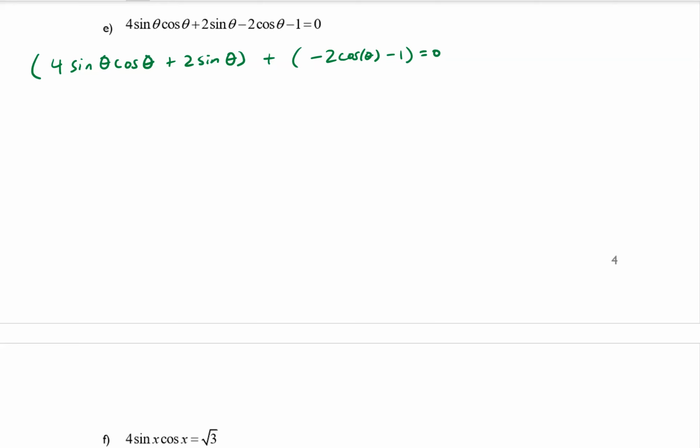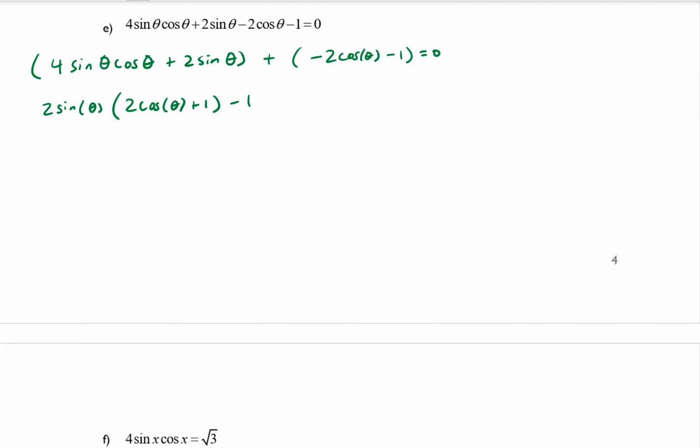Okay, so in the first set of parentheses, I'm going to factor out the greatest common factor, and that is going to be 2 sine of theta. And left over, we will have 2 cosine of theta plus 1.